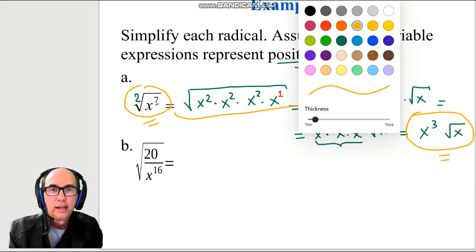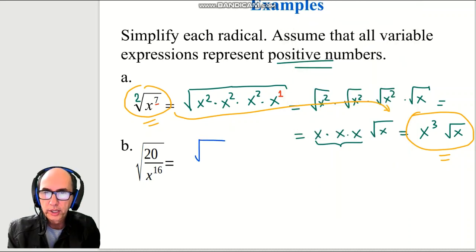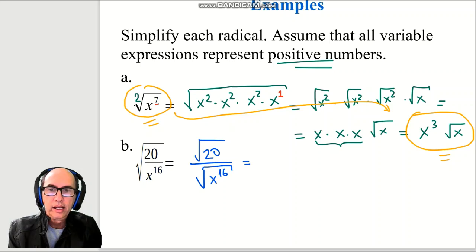All right, next one is square root of 20 over square root of x to the power 16. And again, on the top numerator, we can break it as a perfect square, 4, and another number, 5.